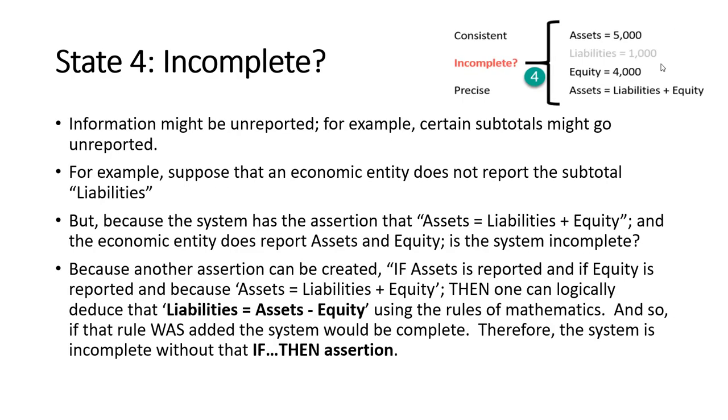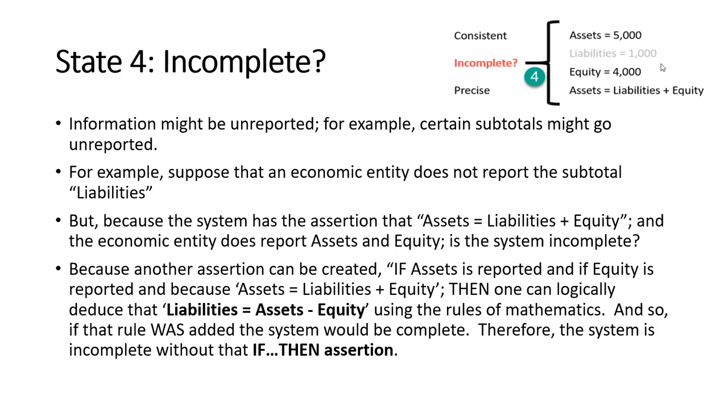So here I'm showing that a system is incomplete. I don't know how to think about this, but here's what's going on. In some financial reports, people don't report certain high-level line items like, say, liabilities. If they report the concept assets and they report the concept equity, and you know the formula, you have the assertion assets equals liabilities plus equity, you can derive the value for liabilities.